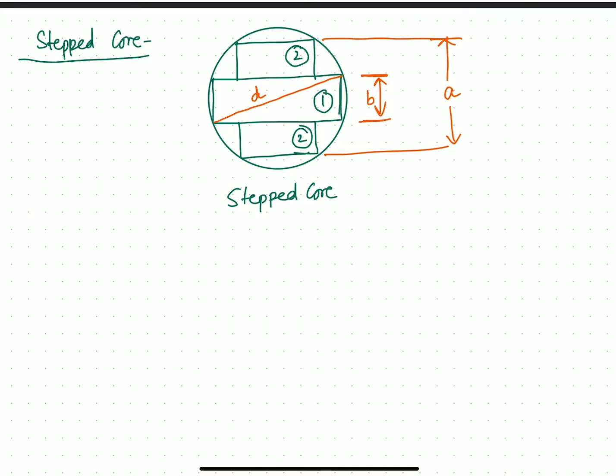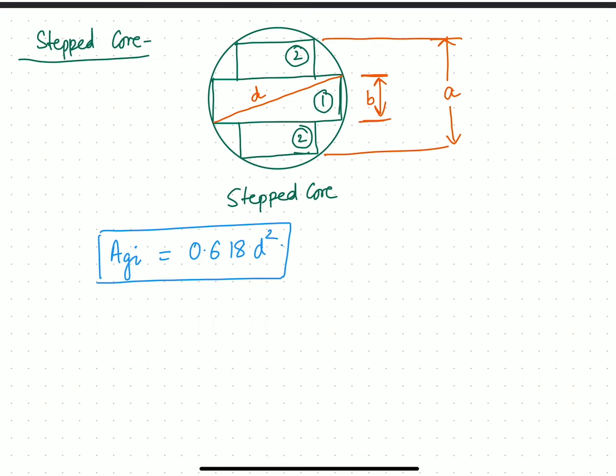So in general, you must remember that the gross core area for this case comes out to be 0.618 d square. It is easy to calculate this. I will leave this as an assignment to you guys. You please find out these expressions.